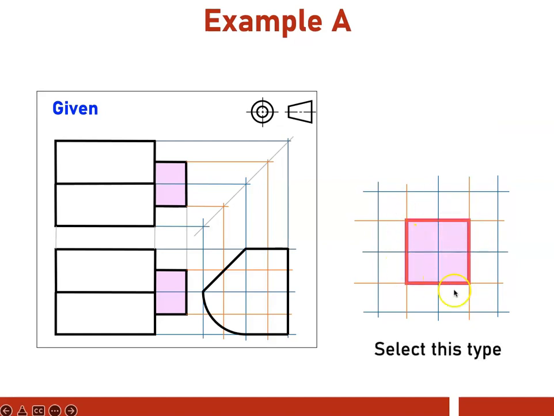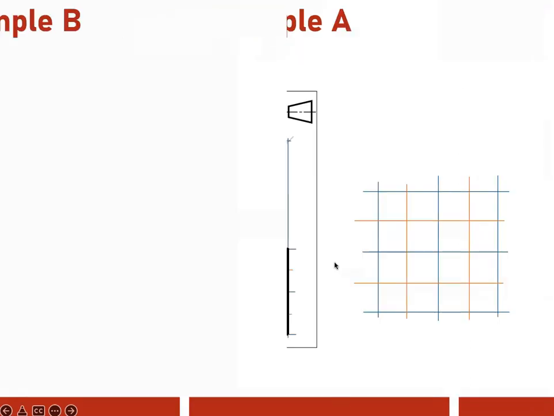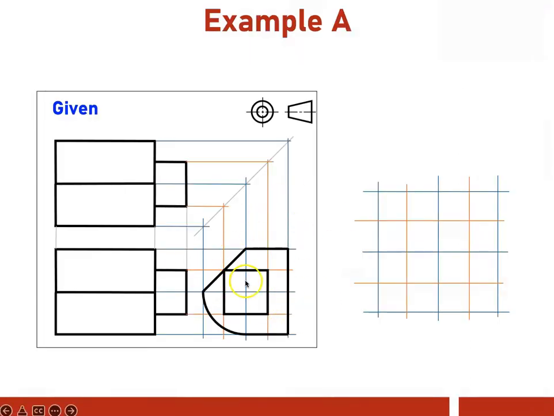So we're going to select the square. So as you can see, it is completely different from what we had earlier. And this is the beauty of missing view problems, because you can get a lot of correct answers. There's a lot of correct answers out there.